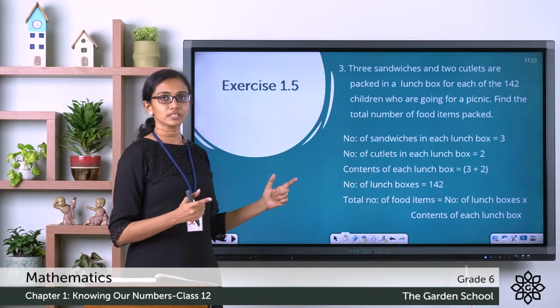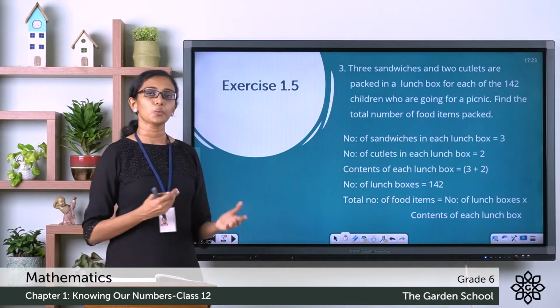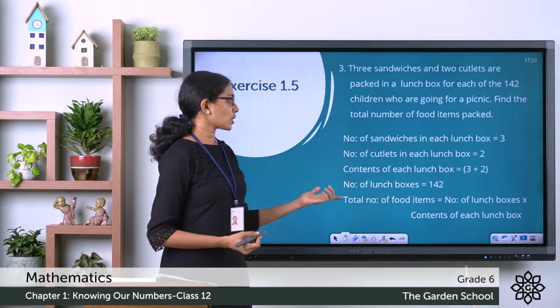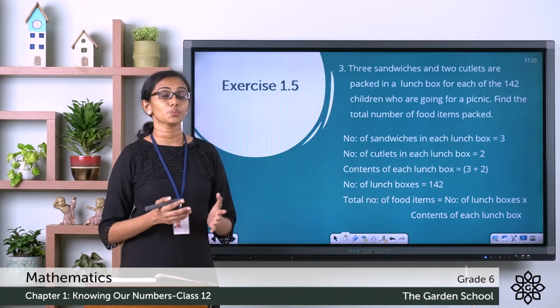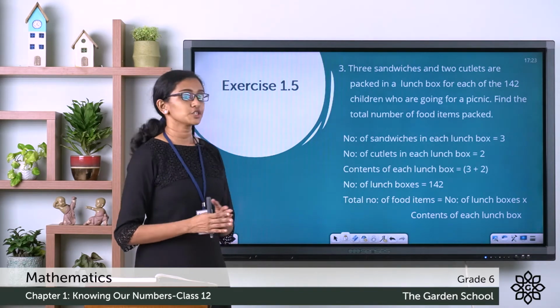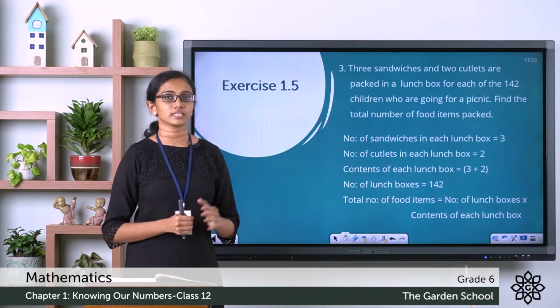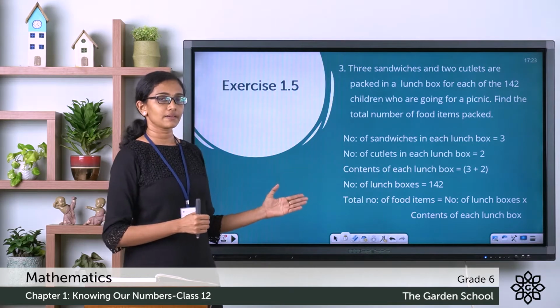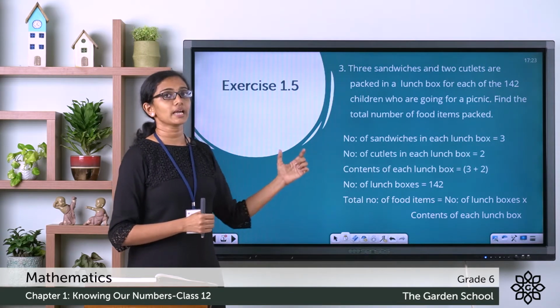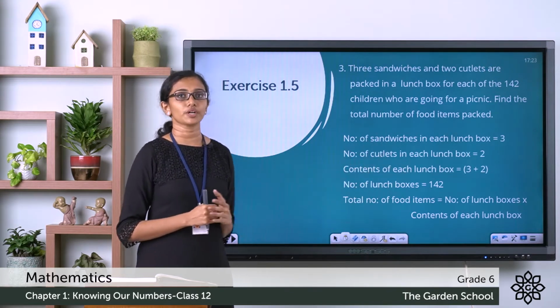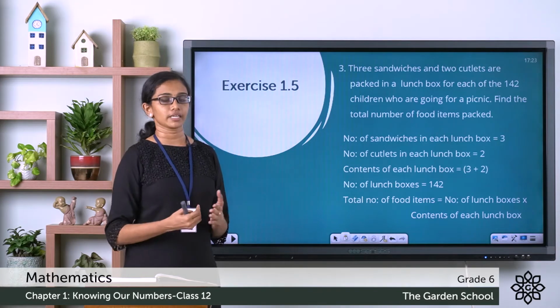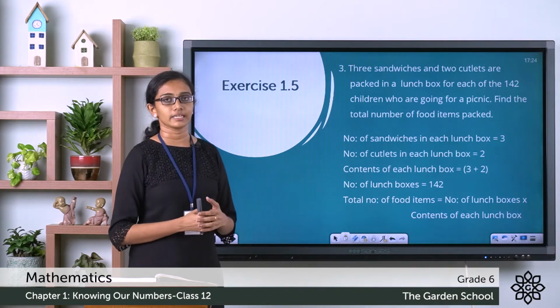So let's write the step as number of lunch boxes equal to 142, and the total number of food items will be equal to the number of lunch boxes into the contents of each lunch box. That is, in one lunch box you have 3 sandwiches plus 2 cutlets, and that will be added how many times? 142 times. So that is multiplication, the same number added repeatedly.